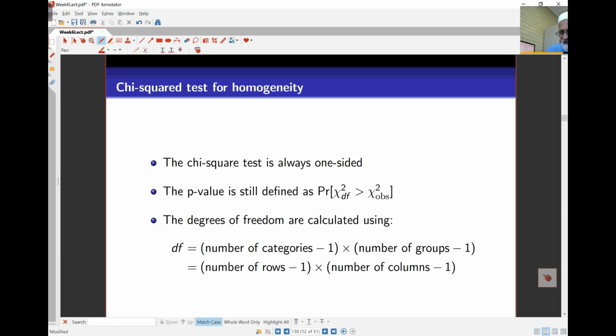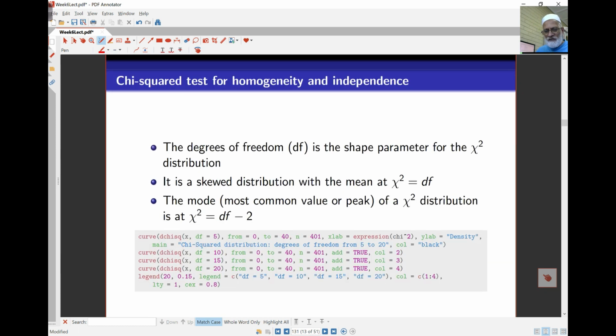The degrees of freedom are calculated by the number of rows minus 1 times the number of columns minus 1. Or if you look, number of categories minus 1, number of groups minus 1. So number of rows minus 1 and number of columns minus 1 is the easy way.